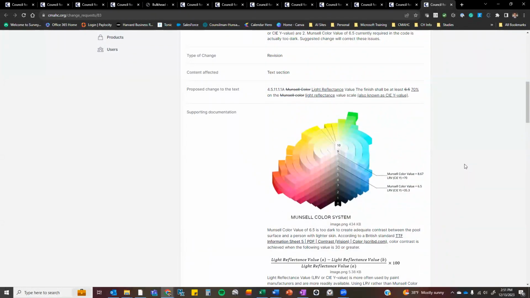And it is what the industry uses. I even found some documentation that ADA even recommends the 70% light reflective value versus the Munsell color text.